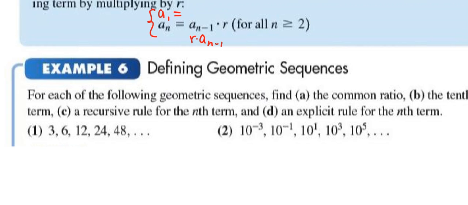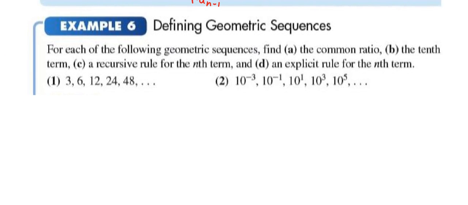So, we can find the common ratio. When you find a common difference, you take any term and subtract the previous one. But how do you find the common ratio? How do you find the multiplier?